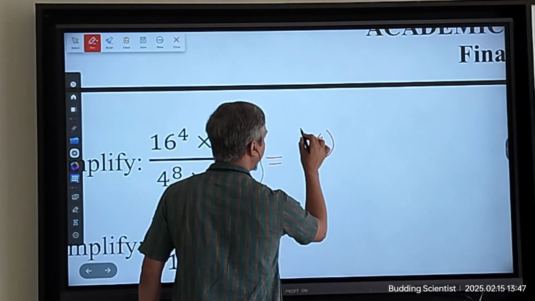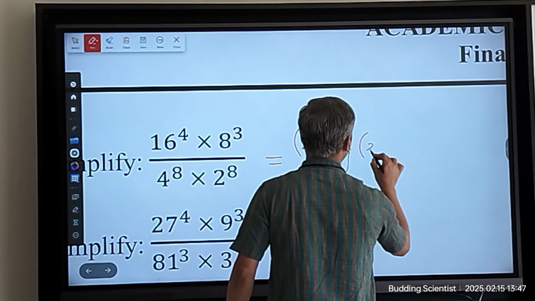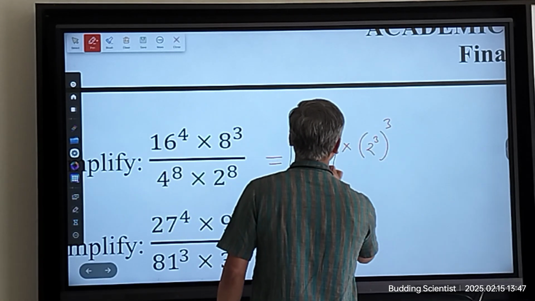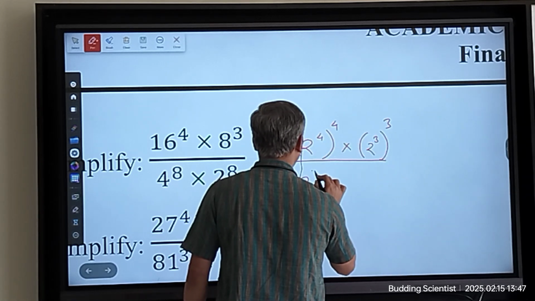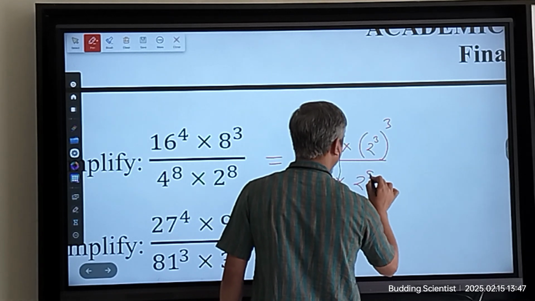So this is 2 raised to 4 bracket raised to 4 multiplied by 2 raised to 3 bracket raised to 3 divided by 2 raised to 2 bracket raised to 8 into 2 raised to 8.